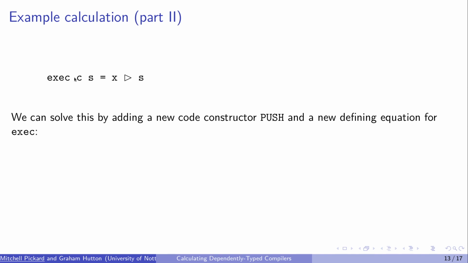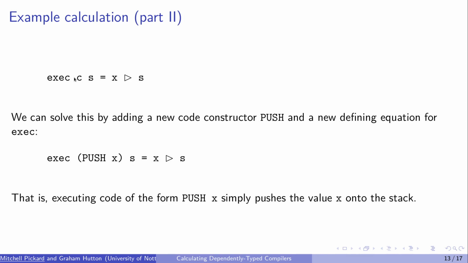We can create a new code constructor here. So we're going to call it push because, as you'll see, it simply pushes a value onto the stack. But the important part here is that this constructor captures all of the free variables on the right-hand side. That means that this equation can then be used as a defining equation for exec.